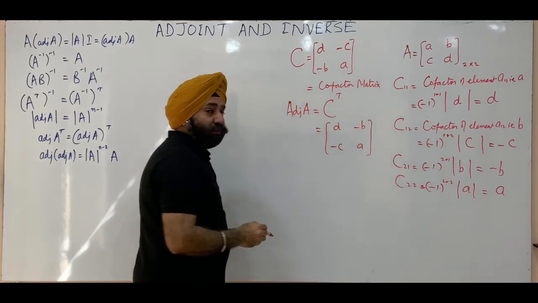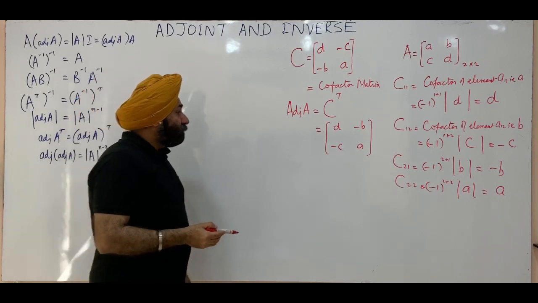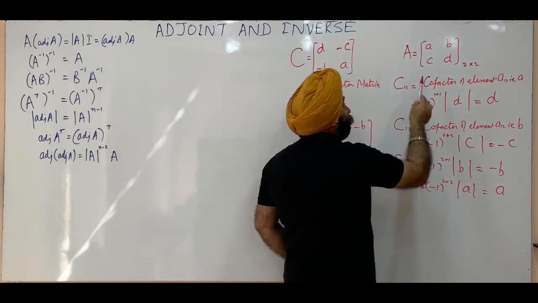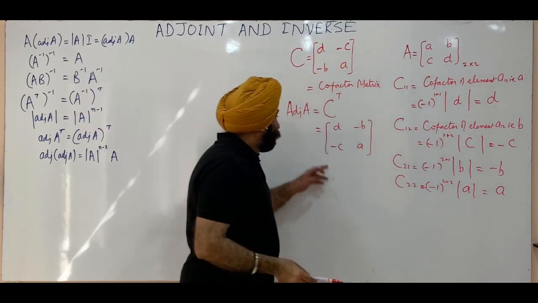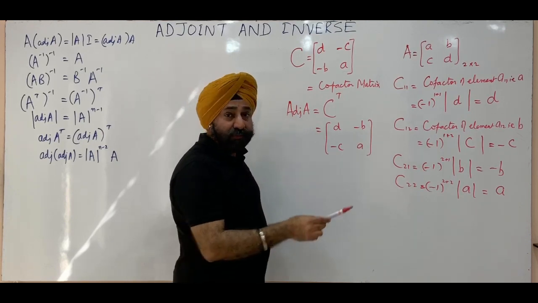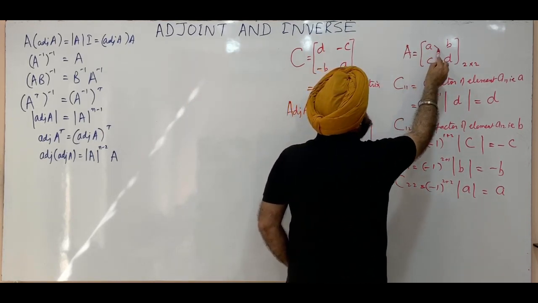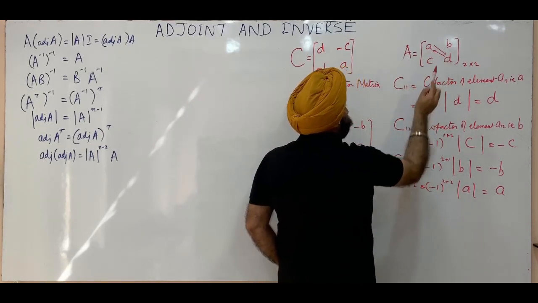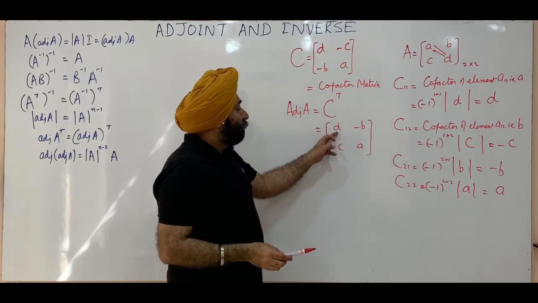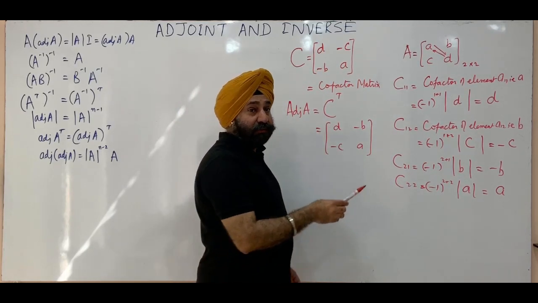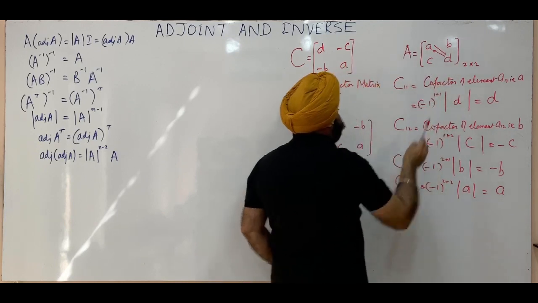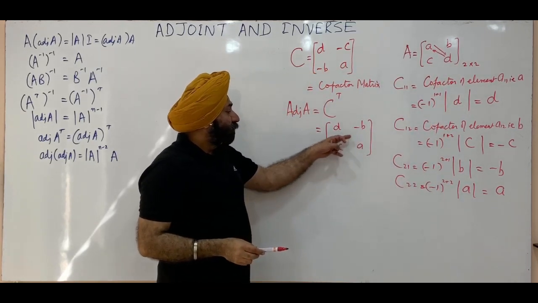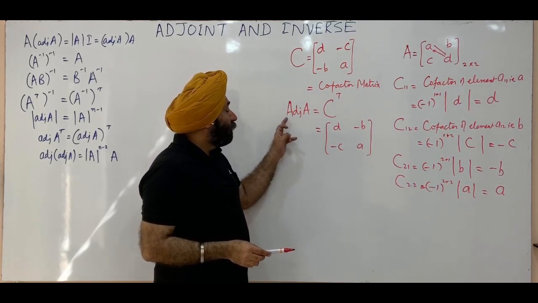This is the adjoint of A. So we can see for a 2 by 2 order matrix, we can directly write the adjoint of A by interchanging the diagonal elements. And what about non-diagonal elements? We change the sign of non-diagonal elements to get the adjoint of A.